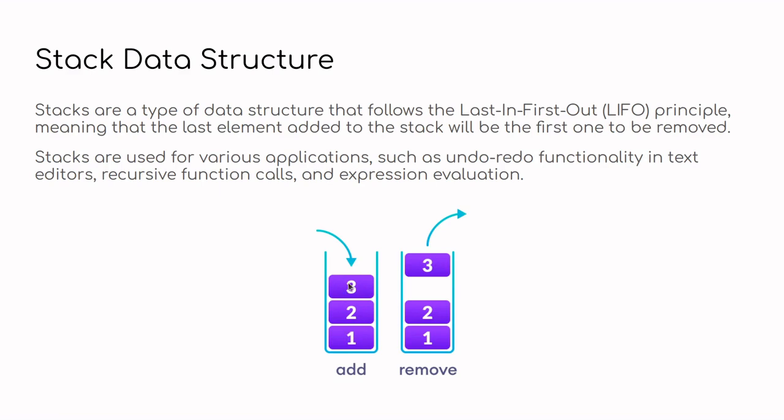To remove them from the stack, we need to first remove 3, then 2, then 1. Various applications of stack data structures are undo and redo functionality in a text editor. Then in a browser, you can go forward and backward. It can also be used in recursive functions and expression evaluation.